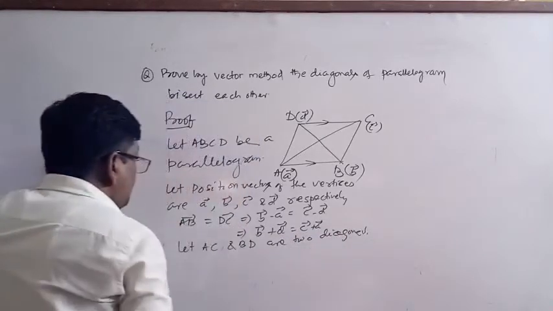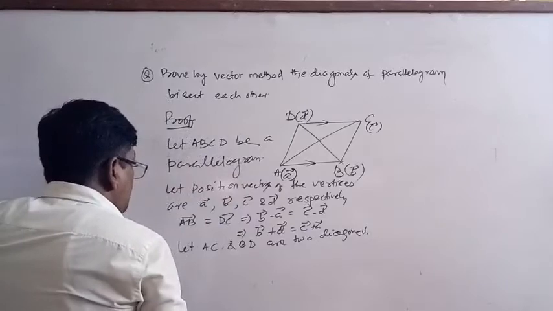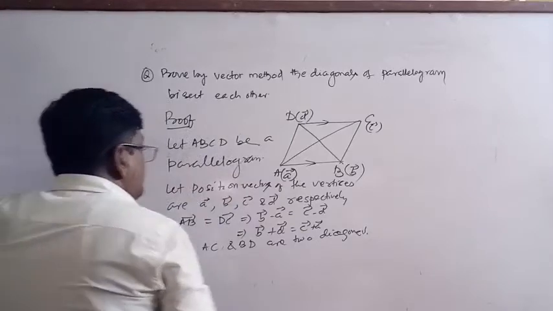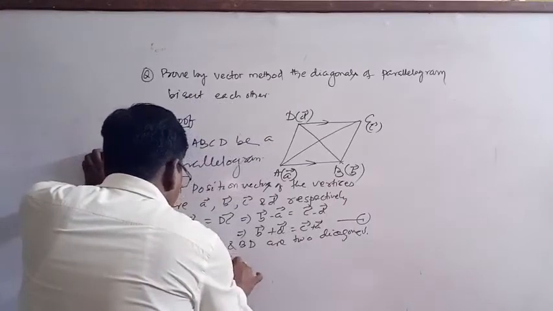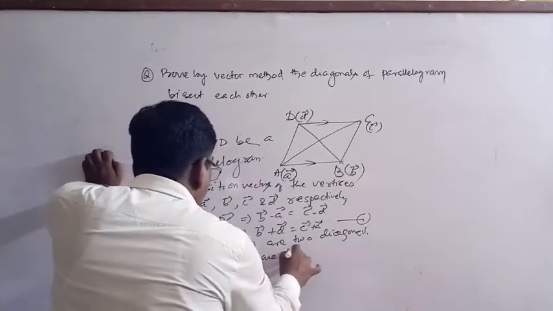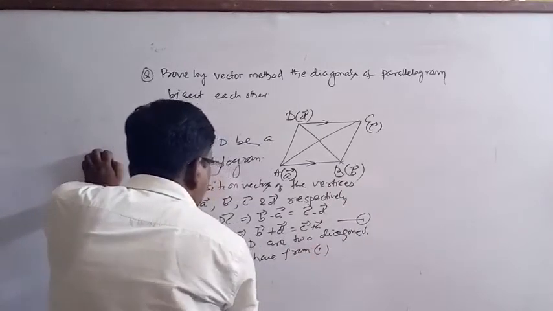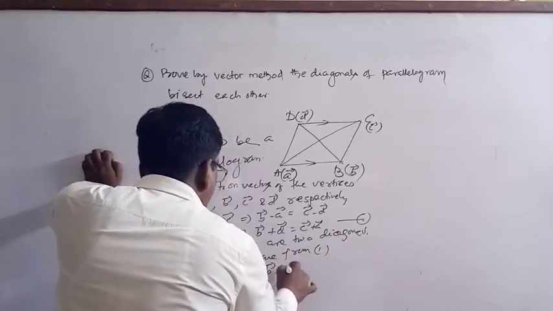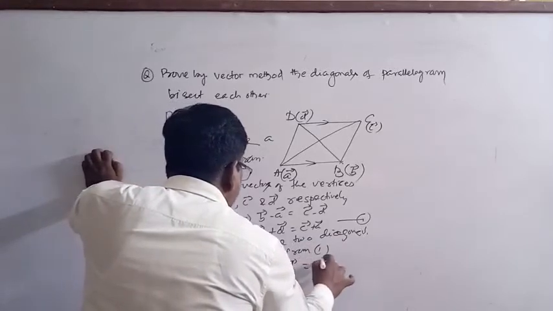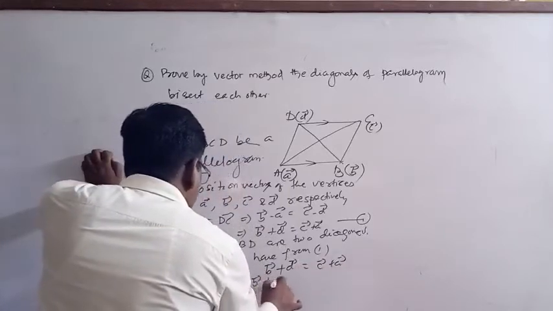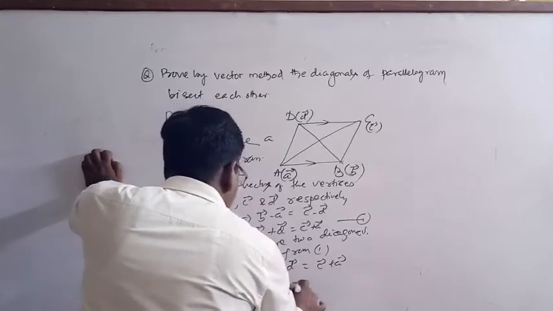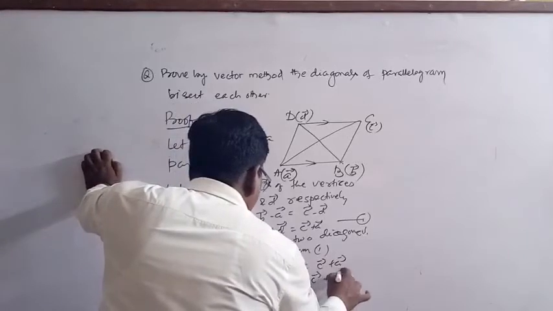So, this is 1. From 1 we have B plus D is equal to C plus A. So divide by 2: (B plus D) by 2 is equal to (C plus A) by 2.